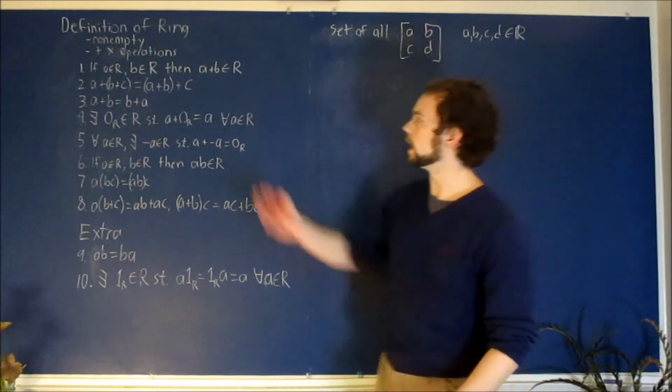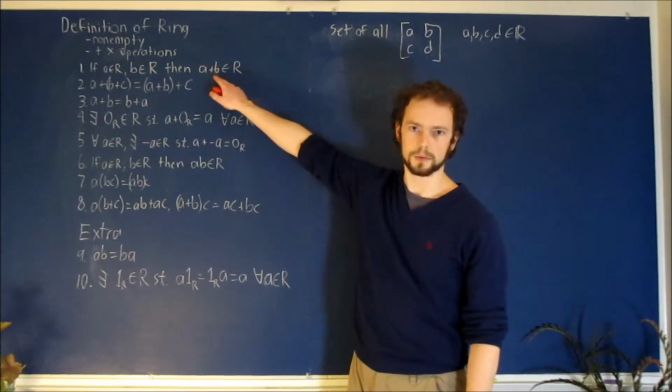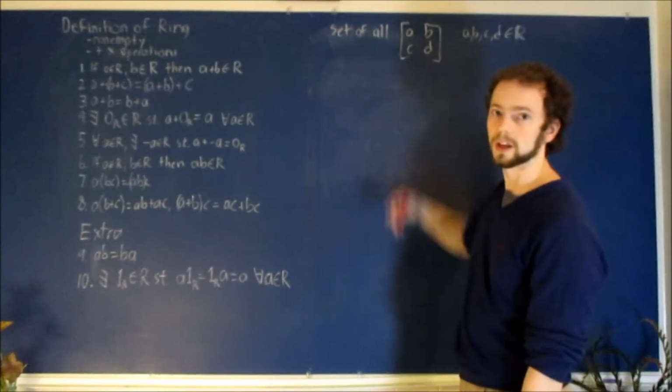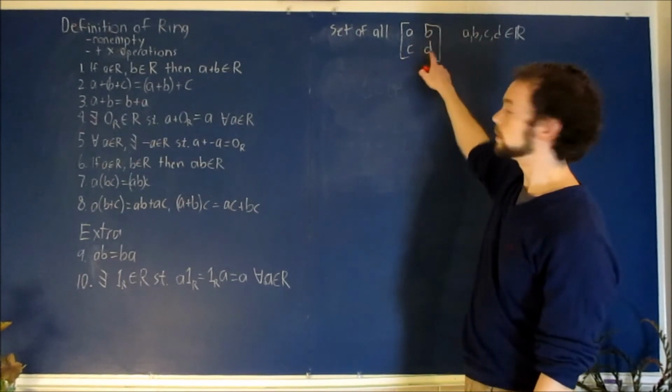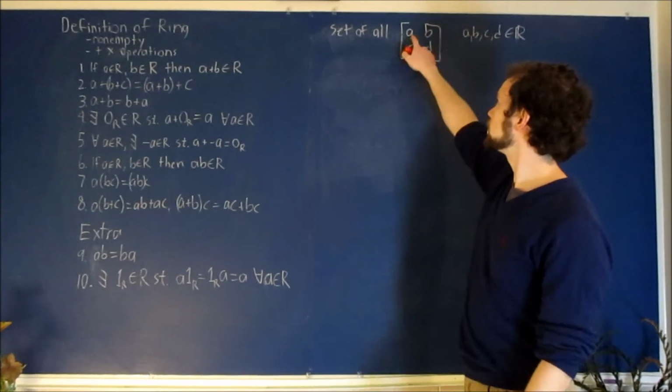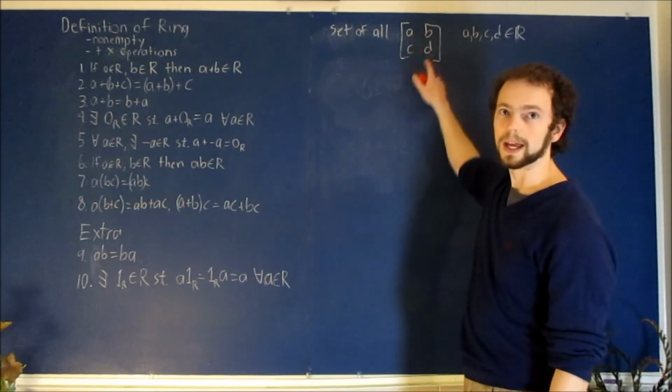Now it's not too hard to verify this first property. If I take two matrices where the elements are real numbers, and remember when you add two matrices together, you just add them element by element.